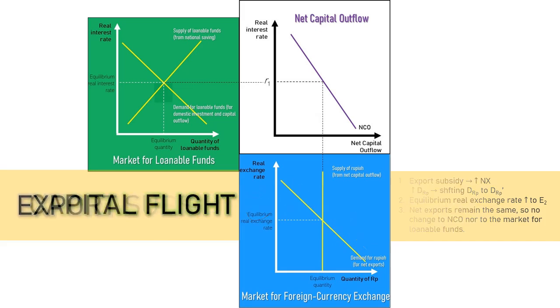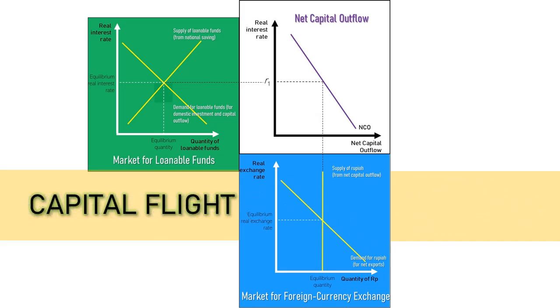Now the third case, let's see if there is, for instance, political instability resulting in capital flight. What will be the impact of the capital flight? First, let's take a look at the white diagram. Because of the capital flight, there will be an increase in net capital outflow, shifting the net capital outflow curve to NCO prime.